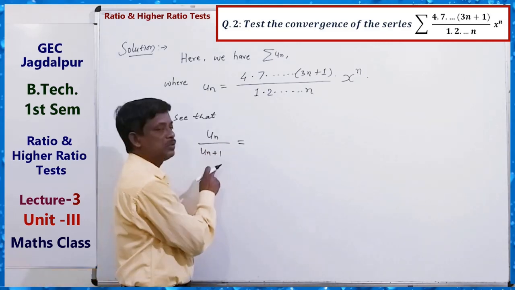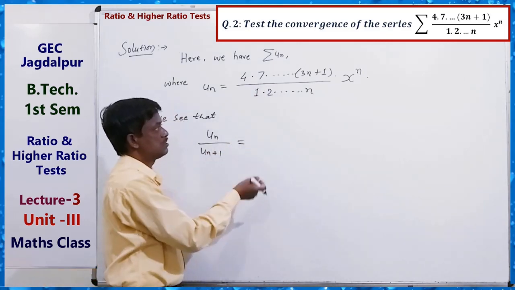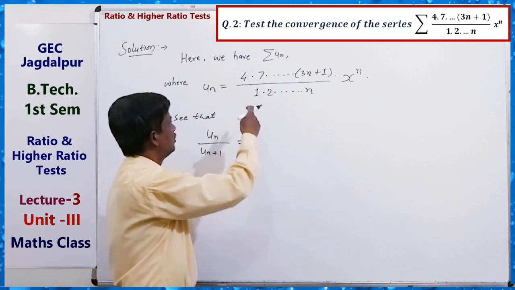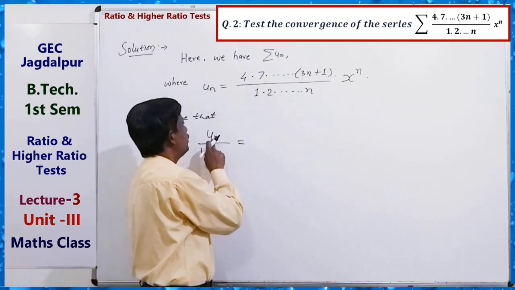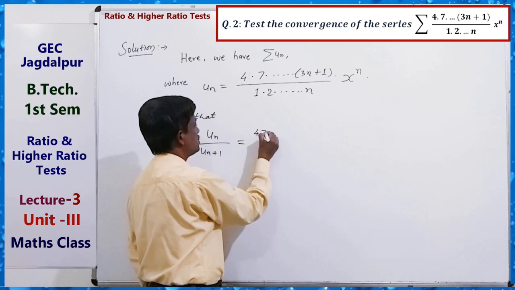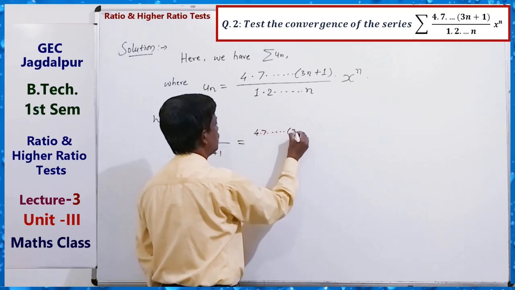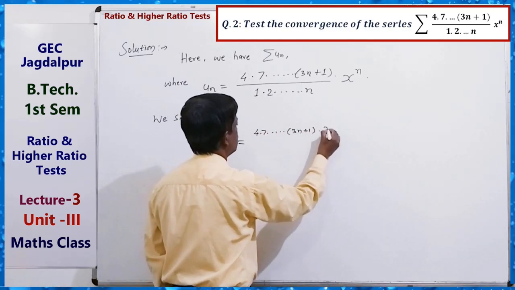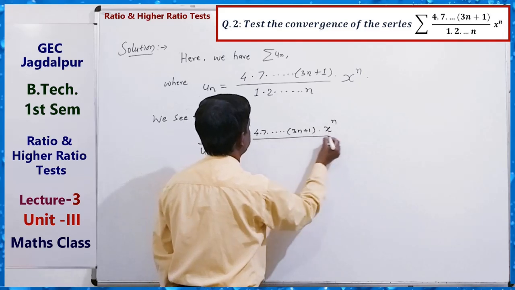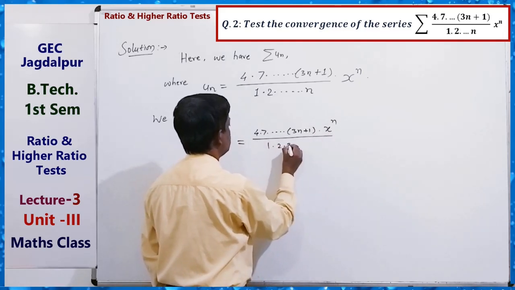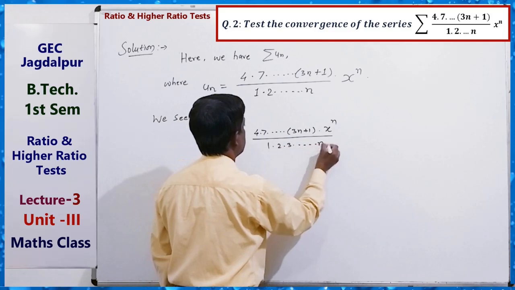So un upon un plus 1, in this case these multiplications are there. So un means 4 into 7 into up to 3n plus 1, into x to the power n, upon 1 into 2 into 3 into up to n.